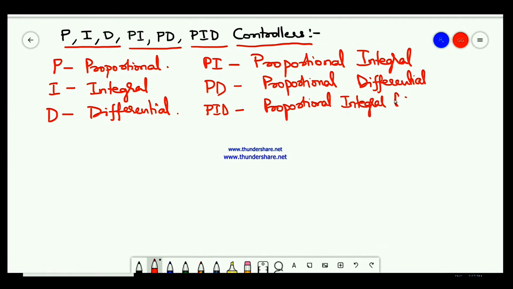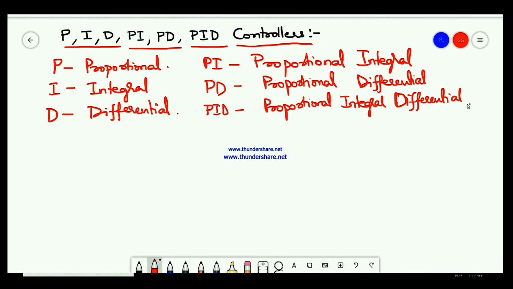So these are the 6 types of controllers that we see normally in control systems.